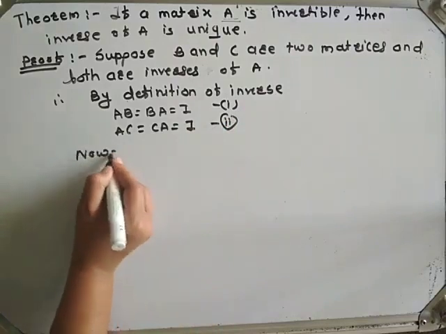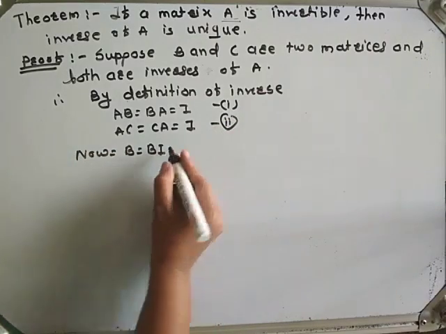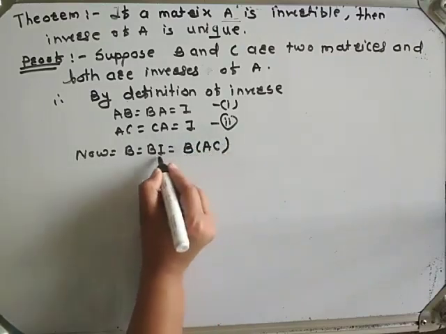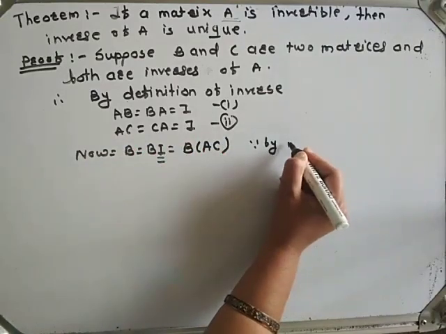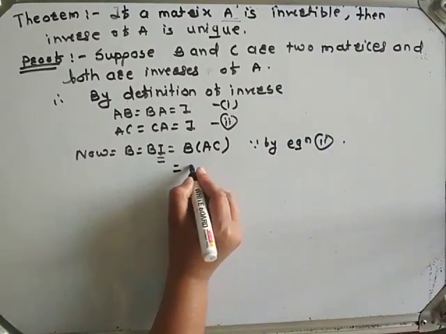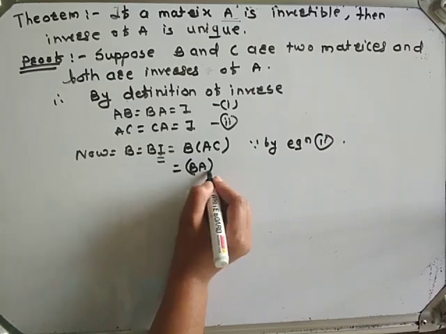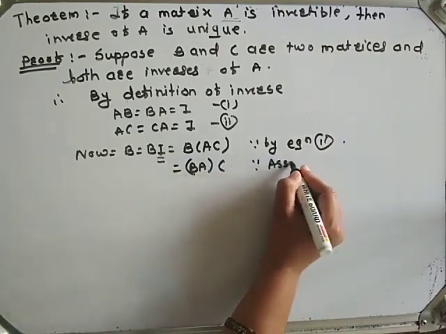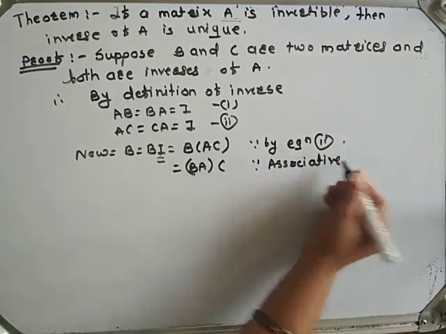Now, B can be written as B into I, which is equal to B into AC, since by equation 2, which is equal to B into A, in bracket, into C, since by associative law for multiplication.